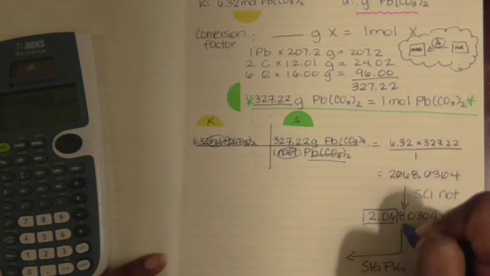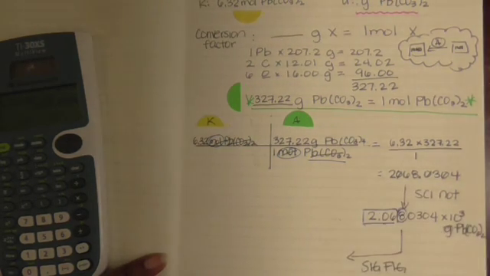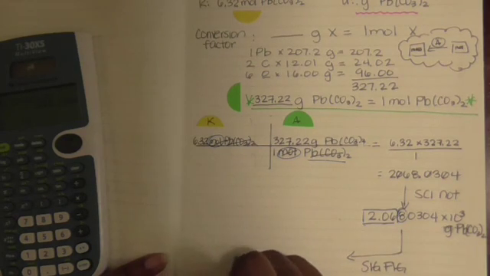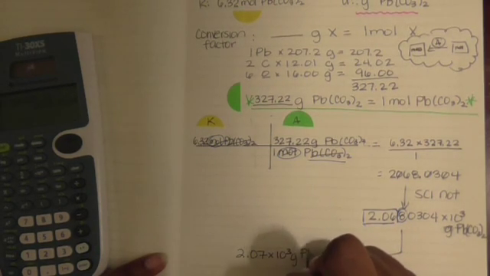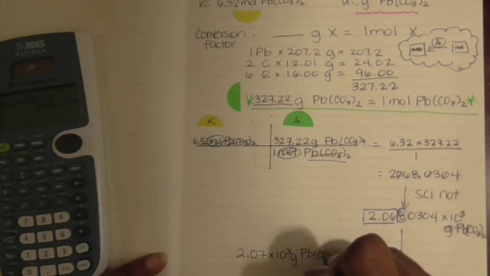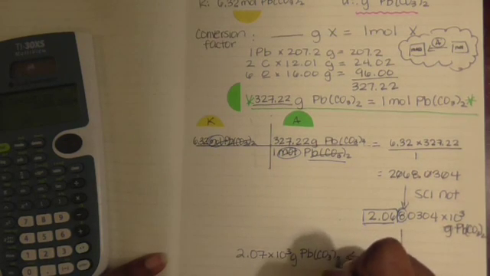We need to look at this next digit to decide whether we need to round up or down. Looks like we need to round up, so we'll wind up with 2.07 times 10 to the 3rd grams of Pb(CO3)2.